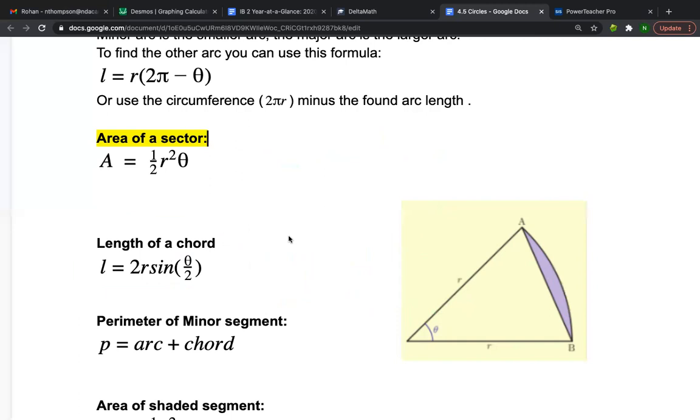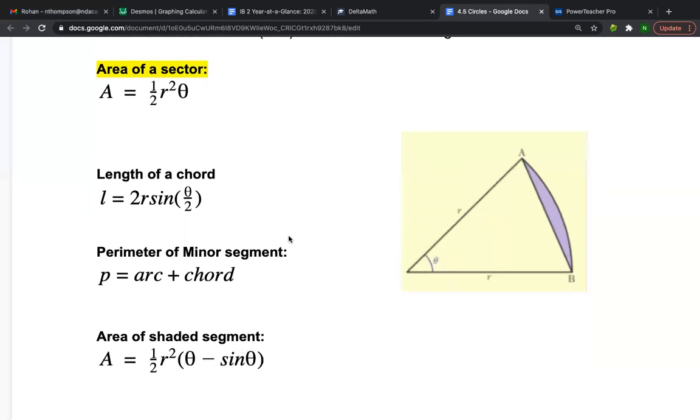Okay, the next thing is the perimeter of the minor segment. This minor segment here is just that shaded purple region. The perimeter would be the arc plus the length of the chord. Not on your formula sheet. I don't think they'll ask for it very often, but again, it's pretty straightforward. And then the area of that shaded segment, they give us this formula here. We know the area of the whole piece. If you were to distribute that 1/2 r squared, we have 1/2 r squared theta.